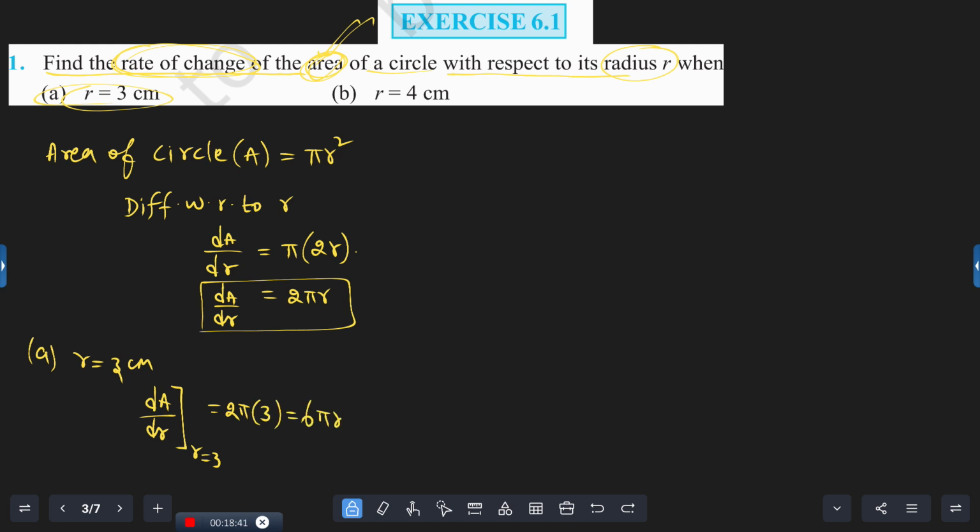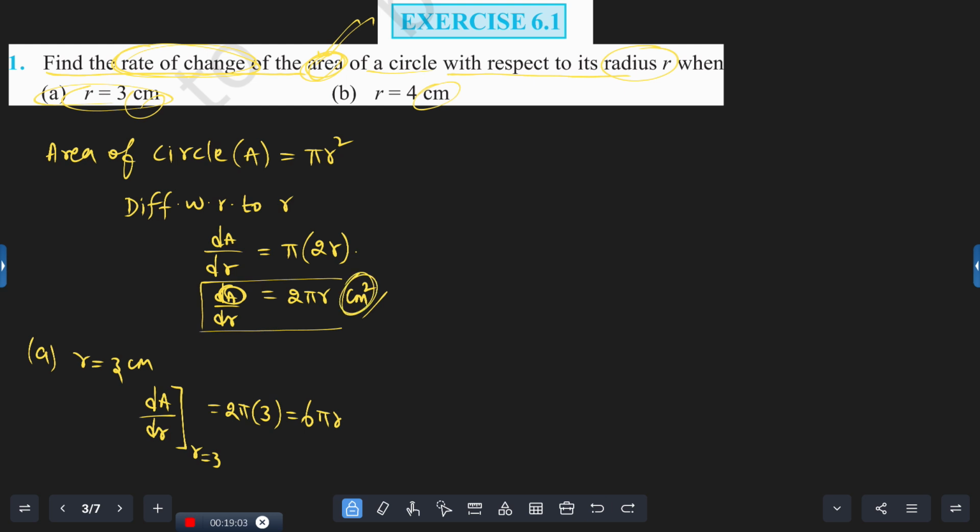Area is in centimeter square per. Listen carefully: the numerator is area, so the unit is centimeter square.